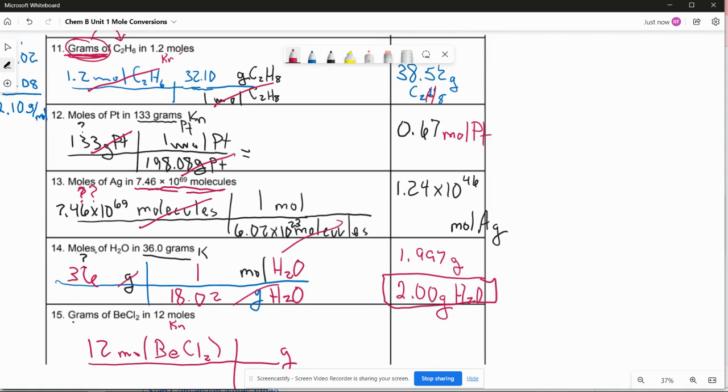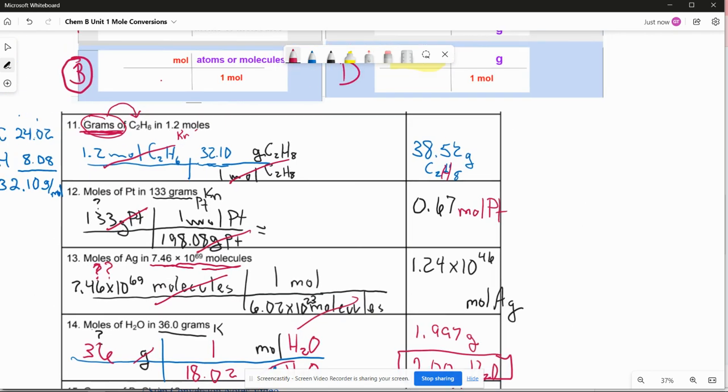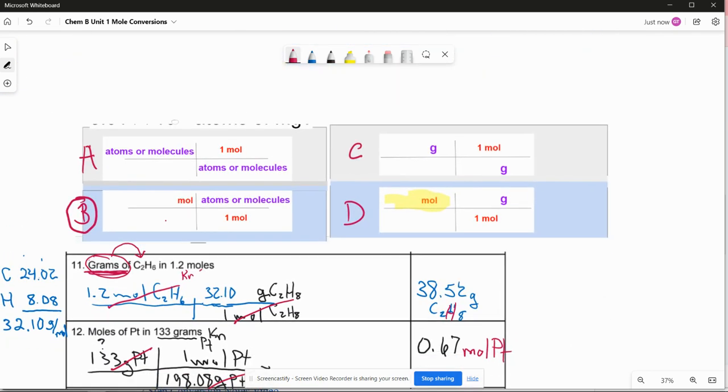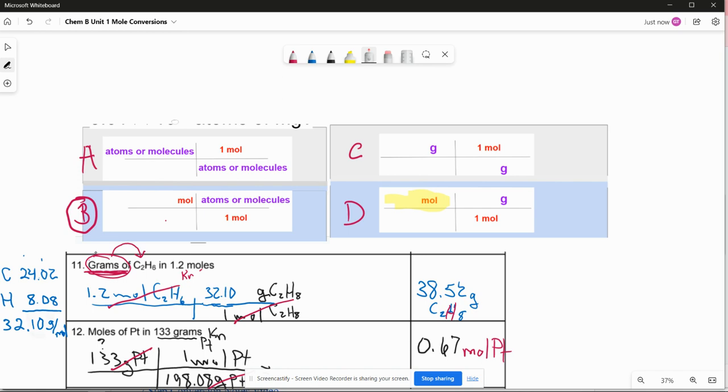Because grams is what we're looking for here at the end of the problem. So let's see if there's something up here that starts with moles and goes to grams. Moles to grams. There it is. You would choose equation D and you'd copy those units down, moles to grams.